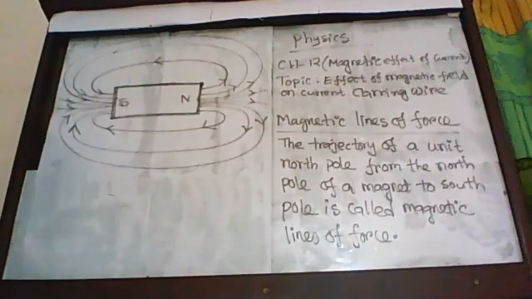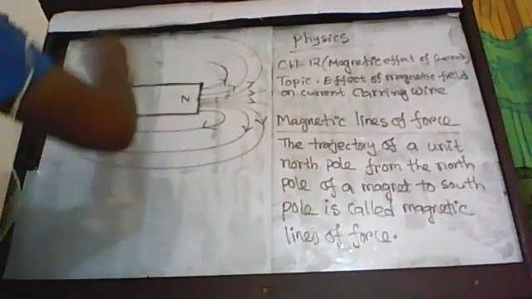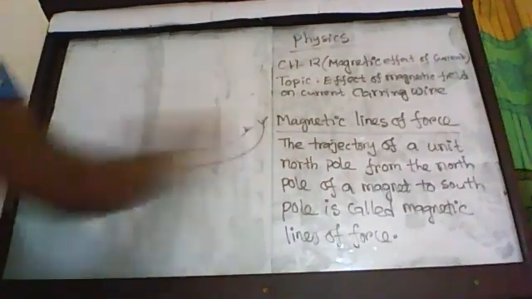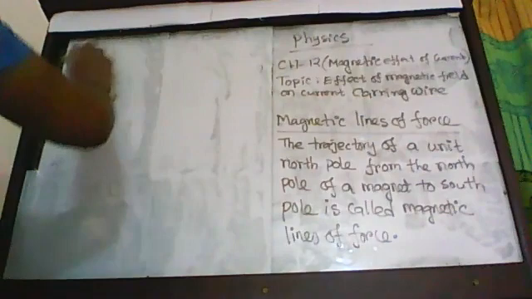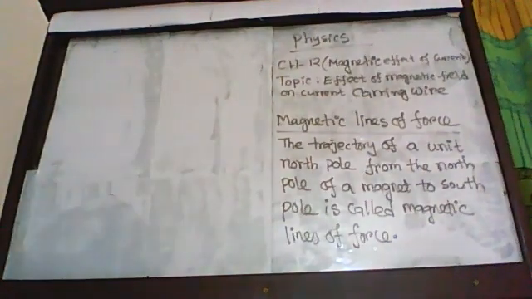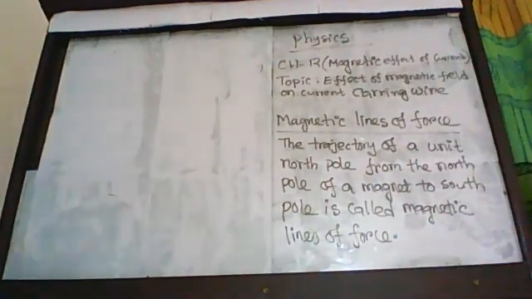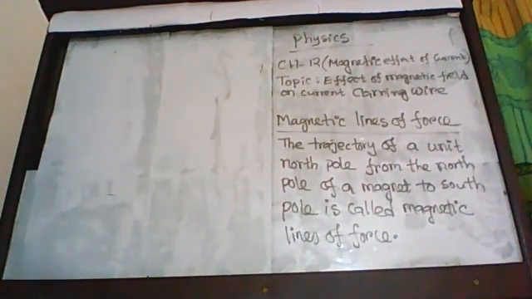Now, boys and girls, in the next step, we're going to discuss some graphical presentation or picture presentation of lines of force. Say we take two north poles coming closer to each other. What is happening here?